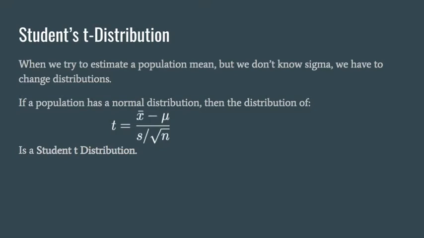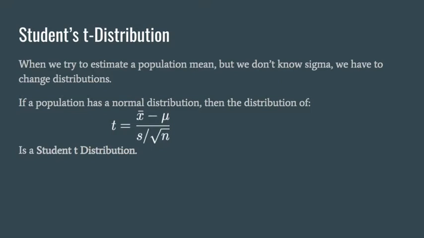So he didn't want to give his discovery away to Guinness, so he made it freely available to the whole world, but he did it under a pseudonym so that Guinness wouldn't know it was him. So he called it the student t distribution, and that's still what we call it today.